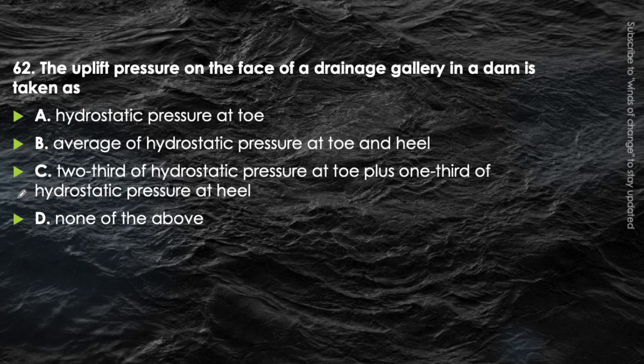Just think about it. You can draw that diagram also in the elementary profile of this dam. If you place a drainage gallery, then you have to determine the uplift pressure there. Can you recall it? The answer here will be 2/3 of the hydrostatic pressure at the toe plus 1/3 of the hydrostatic pressure at heel.